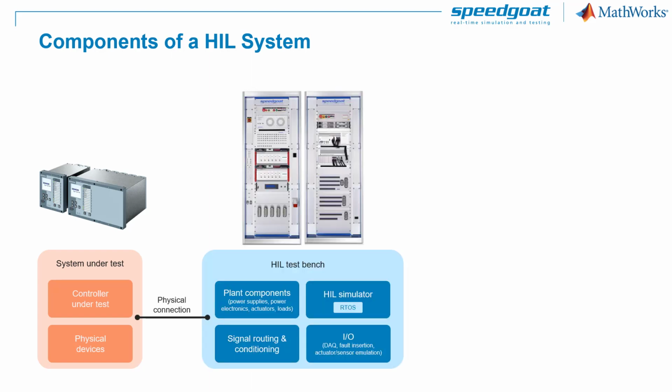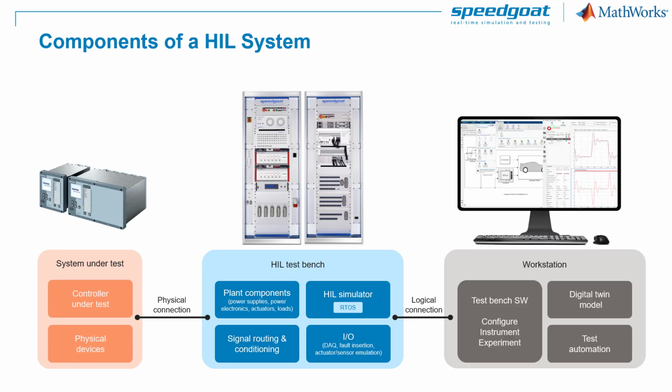Second, a HIL test bench, including a real-time simulator where you run a digital twin of the plant, together with the emulated plant components and I/O modules supporting data acquisition, signal conditioning, and communications with the system under test. Third, a workstation. You use it to build your simulation model and run application software that supports setup and operation of the HIL test bench.